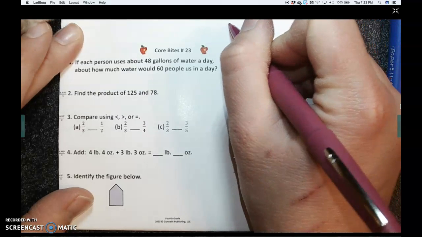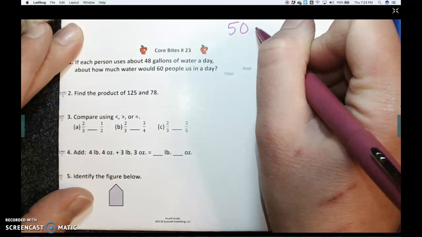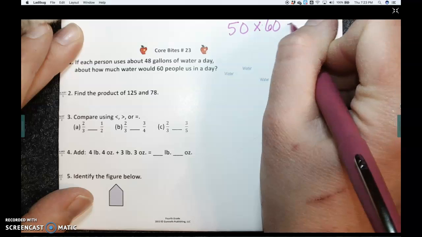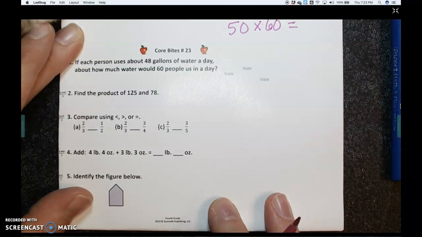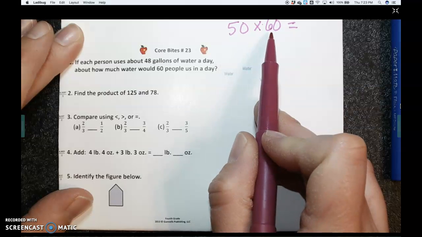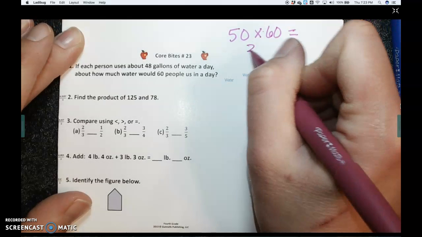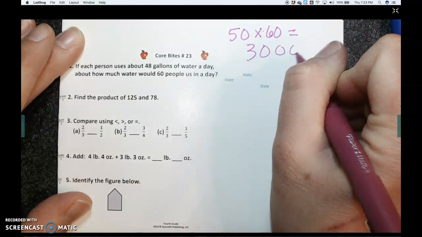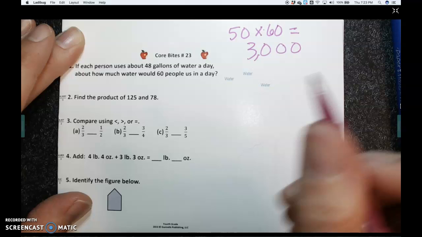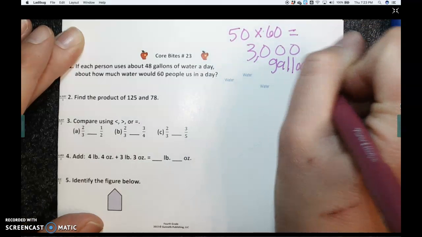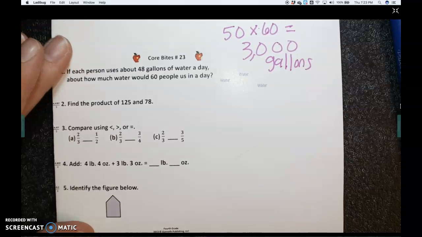So if we've got 50 times 60 people a day, you can actually do that in your head, right? So 5 times 6 gives you 30. And then you have those 2 extra zeros. So if you put that, you would get 3,000 gallons of water a day.